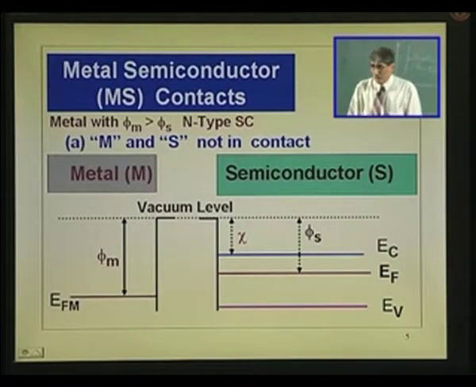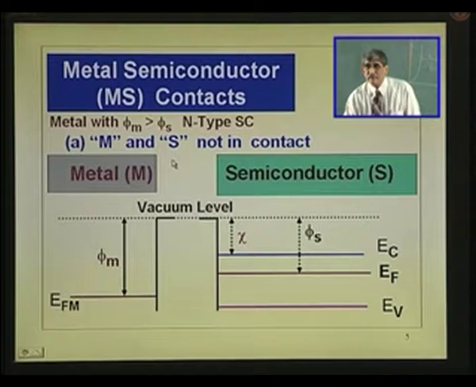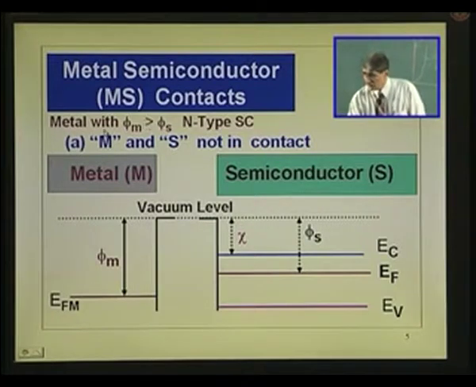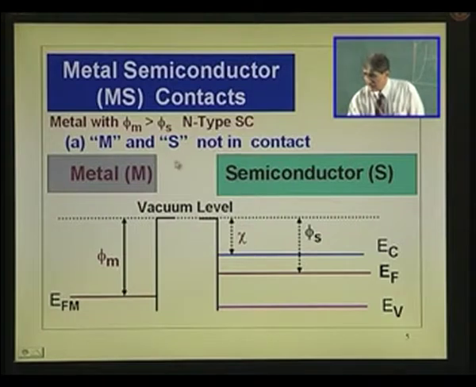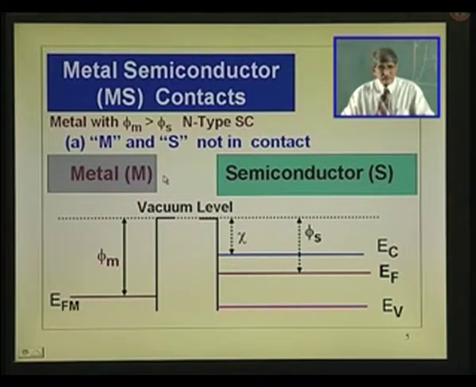Now, you are on to the energy band diagram of the metal semiconductor contact. This diagram shows you the two materials, the metal and the semiconductor, which are not in contact; they are separated in space, with no electrical connection.